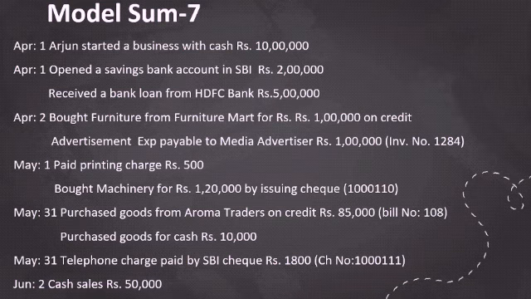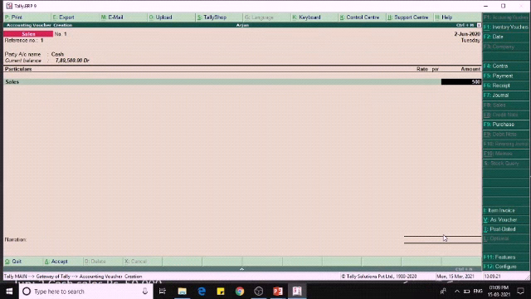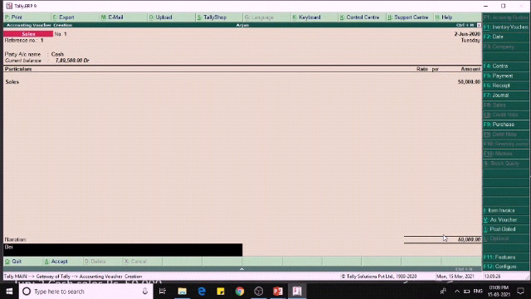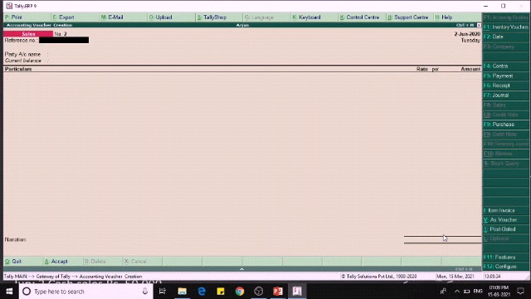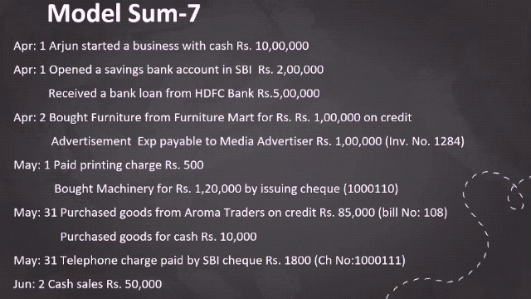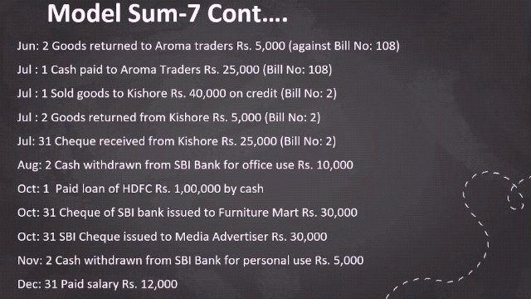What is the total value? 50,000. So in the narration we have to write being cash sales made.